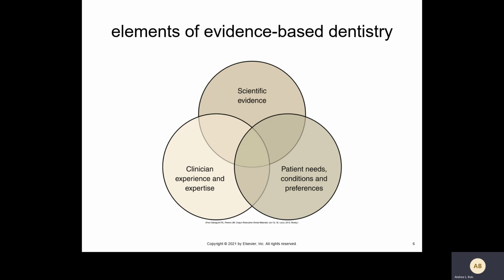So that would come from either you and your experience of using a material, or the dentist using the materials as well. And then we always have to consider our patient's needs, conditions, and preferences. Some patients want something that's less expensive but will stand the test of time. And then others are more concerned with aesthetics and they want it to look nice. So those are all things that we want to take into consideration.